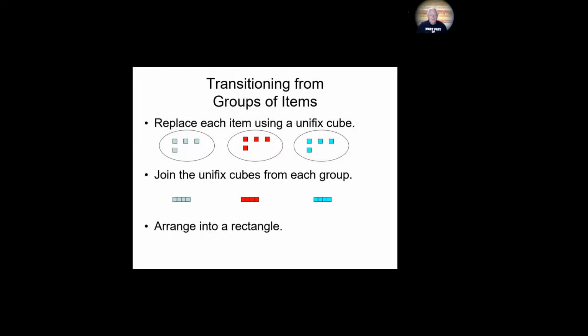Once you have each group lined up, you can arrange them into a rectangle. And I believe you can see now how we can use our emerging notions of multiplication to say this is 3 by 4, and we can use that to generate our multiplication. So we have a lot of ways now of transitioning from these other models.